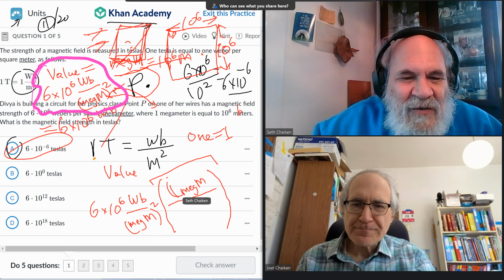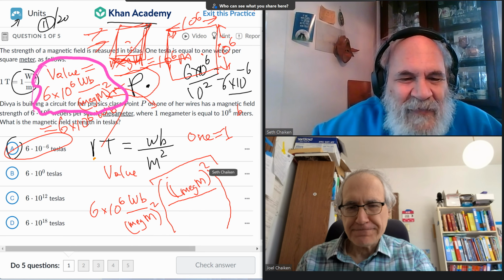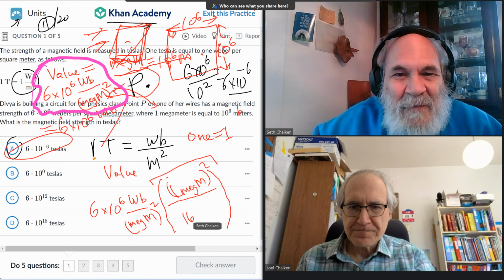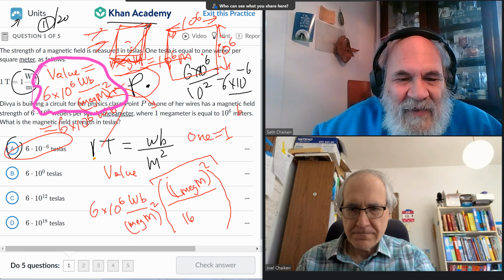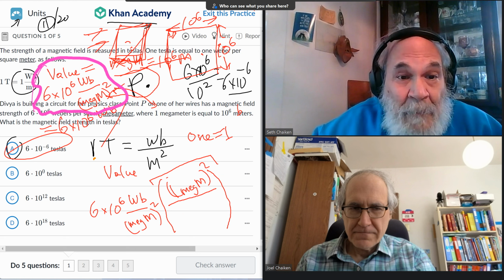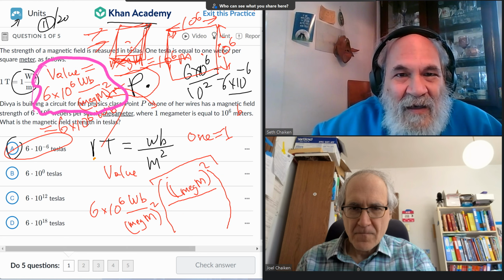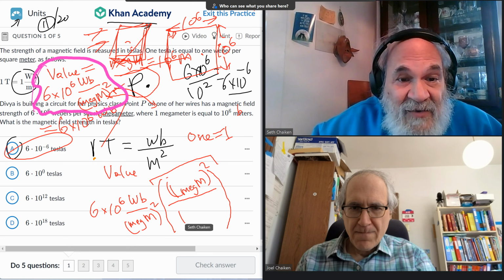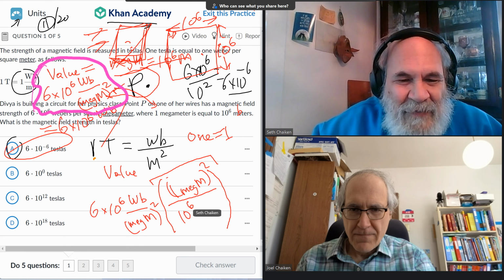1 megameter squared is equal to 10 to the 6th, also known as a million or mega, one million, 10 to the 6th meters squared.